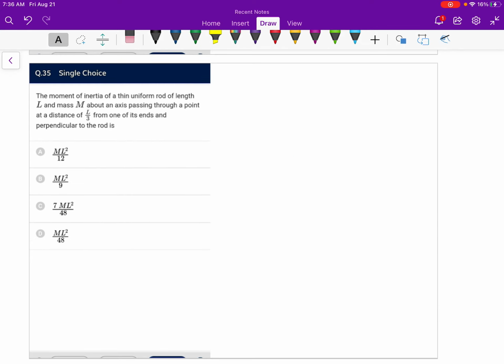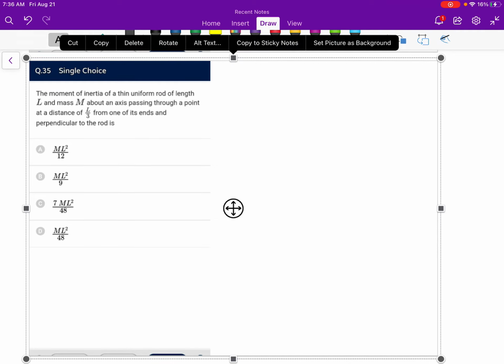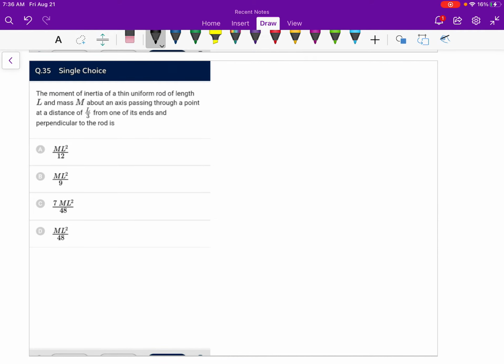The moment of inertia of a thin uniform rod of length L, about an axis passing through a point at a distance L/3 from one of its ends. So about this axis. So let's find out the distance from center of mass. This is L/3.